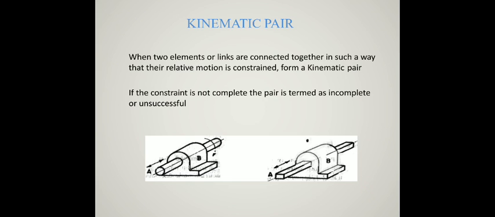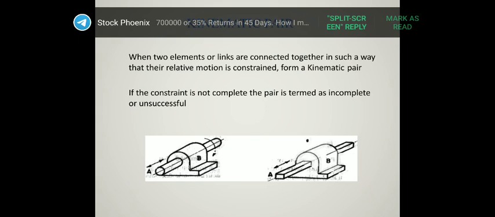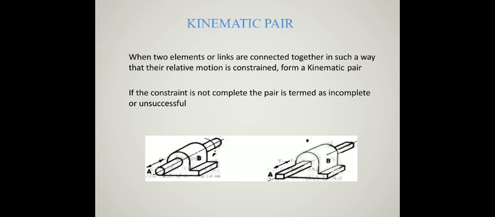We have studied what a kinematic link is, right? Whenever two links are connected with each other having relative motion, the relative motion must be constrained to form a kinematic pair. If the relative motion is not constrained, a kinematic pair can't be formed, right?